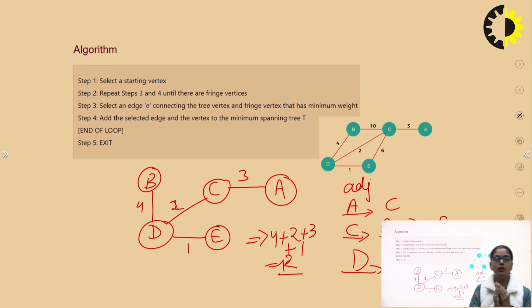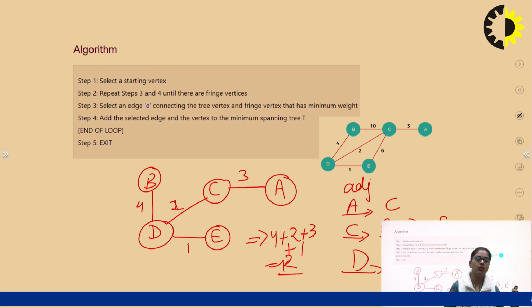In Kruskal algorithm, we are considering the spanning tree by considering the edges, and in Prim algorithm, we are taking it vertex-wise, or we can say node-wise.